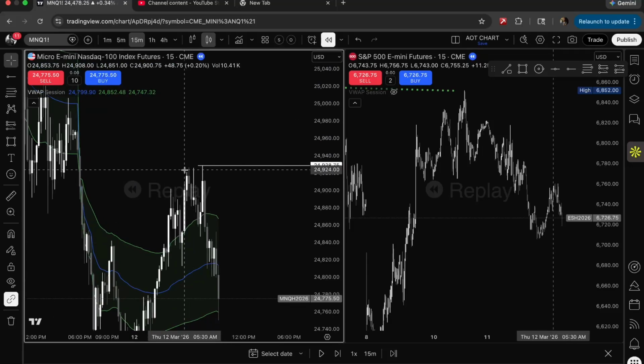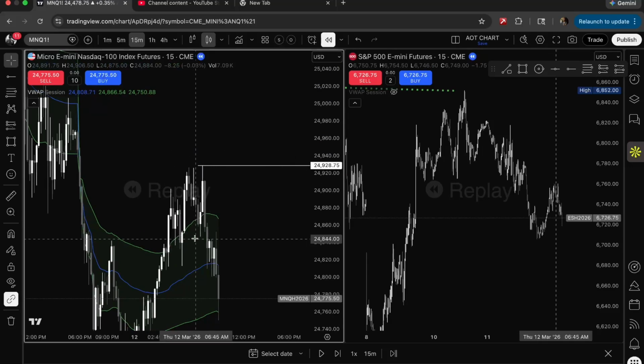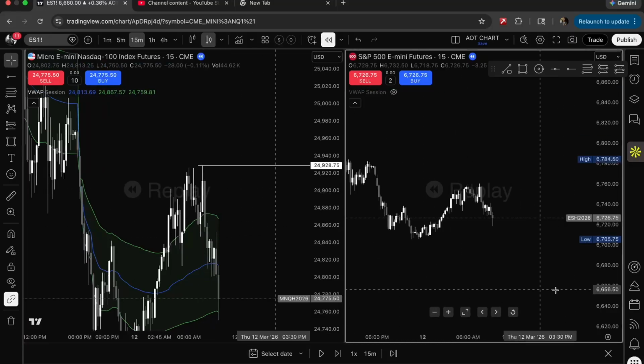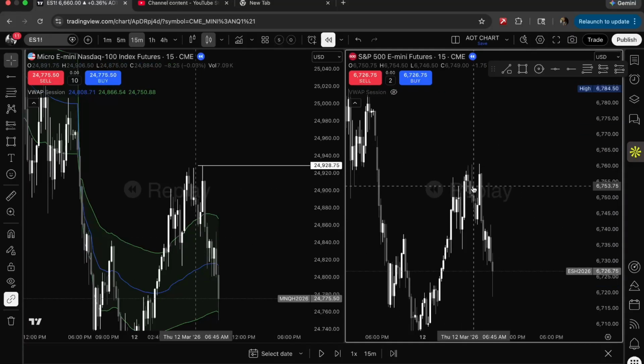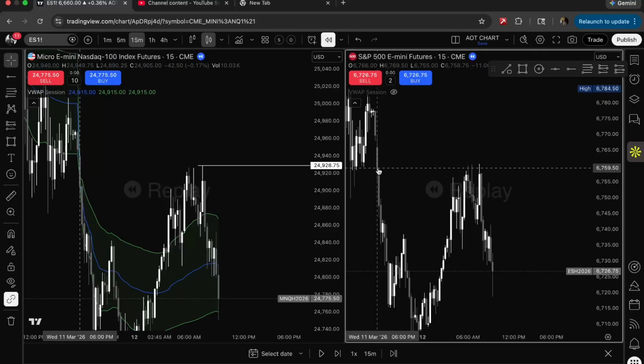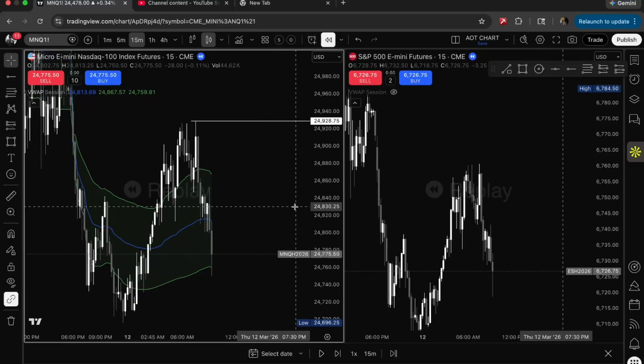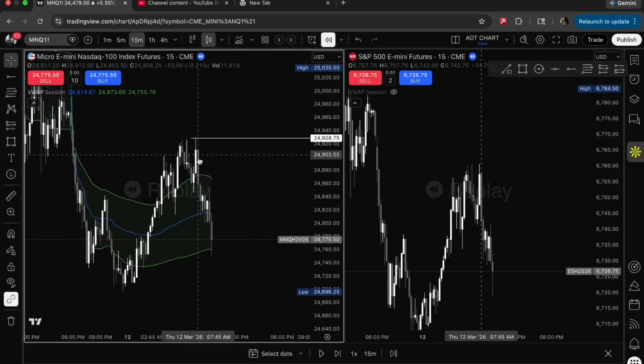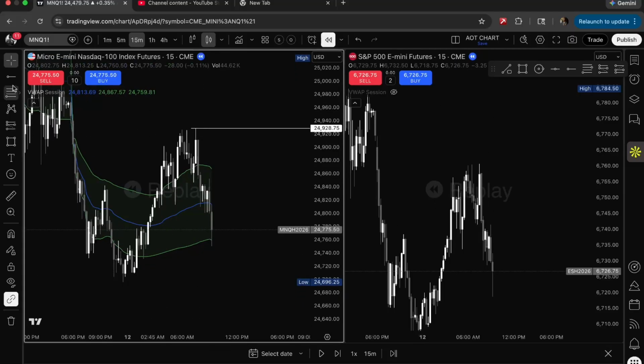Take this high. 1, 2, 3, 4, 5. Is this SMT too? I don't think that's SMT. Yeah, it's not SMT, but it look like reverse. All right. So y'all understand we bearish.